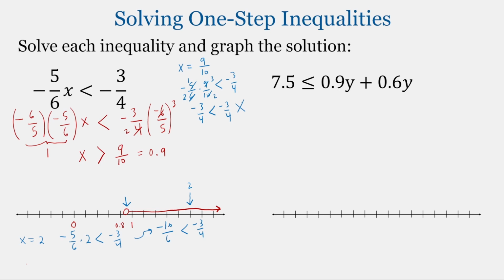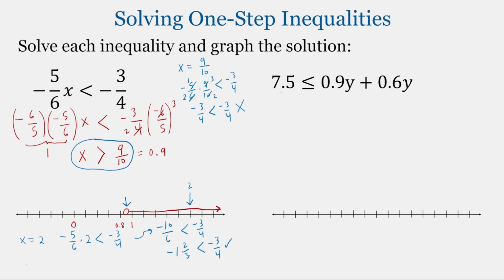And we can rewrite negative 10/6 as negative 1 2/3 less than negative 3/4. And this is a true statement. The left side is smaller than negative 1, whereas the right side is greater than negative 1. The solutions are all numbers greater than 9/10.